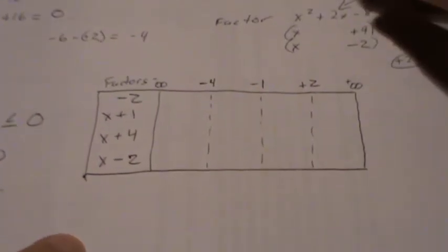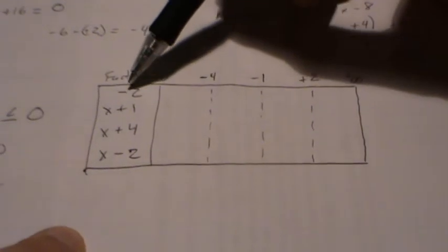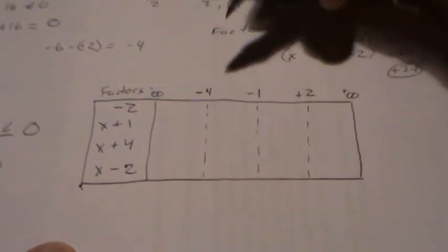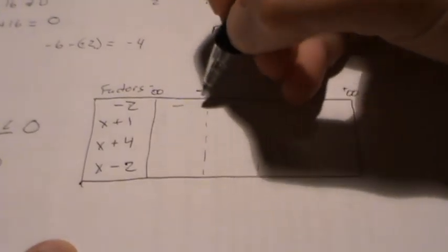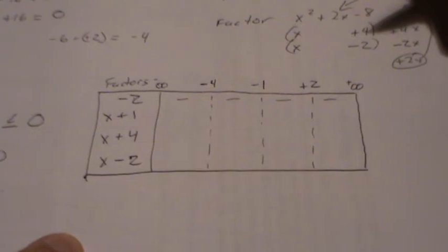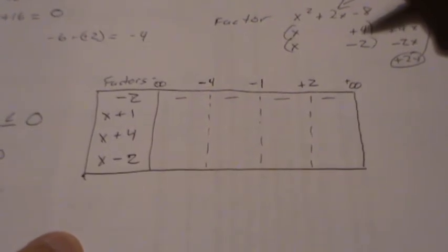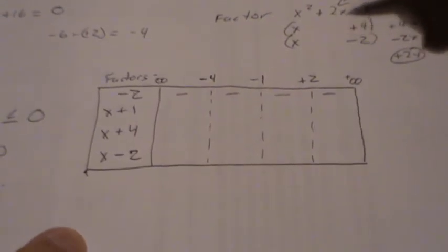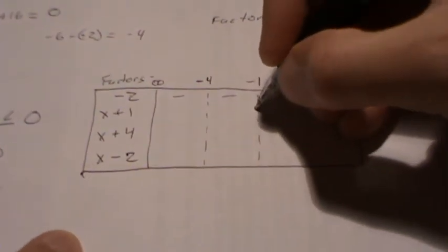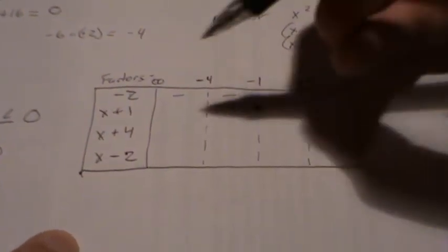Now that I've built this factor chart, I ask myself, when is this factor positive and when is it negative? Negative 2 is always negative. So I'm going to write negatives across. This x plus 1, I'm going to put a dot right there.